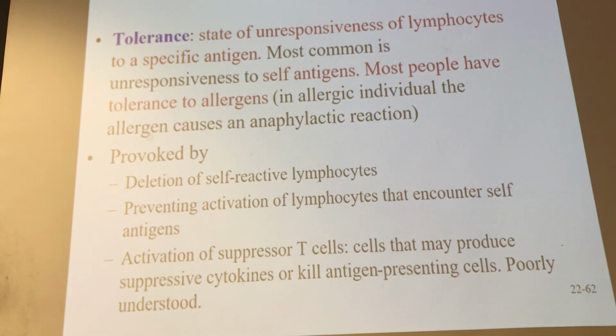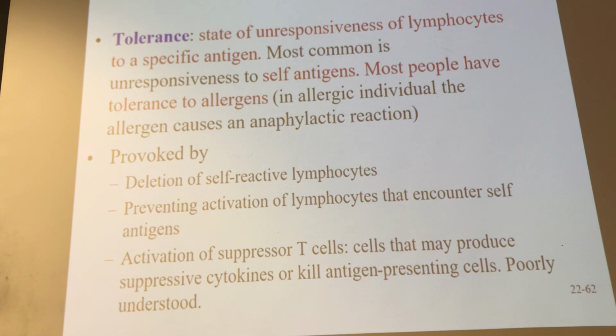Right? Again, in terms of inhibition, we need to have tolerance, right? It's a state of unresponsiveness of lymphocytes to a specific antigen. Most common is unresponsiveness to self-antigen.